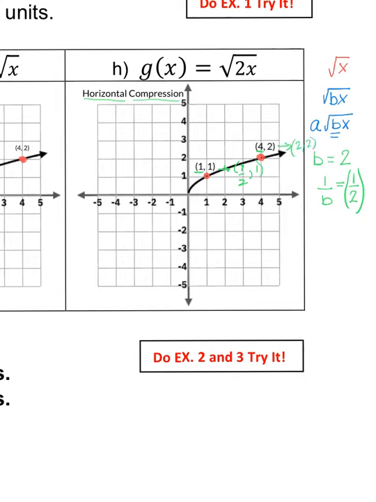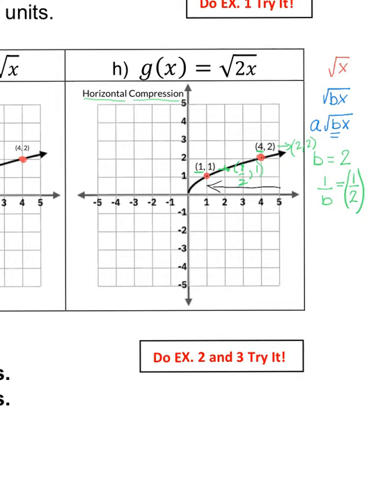So what you're going to see is that this square root function is going to be pushed or compressed this way in the x direction. So 1, 1, let's plot that point first, is going to become 1/2, 1. And so I'll change colors.